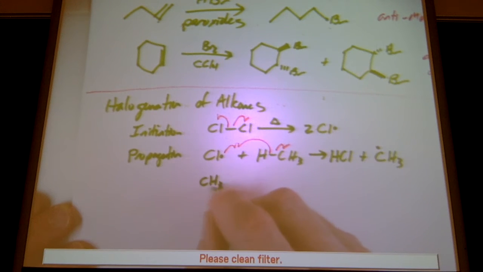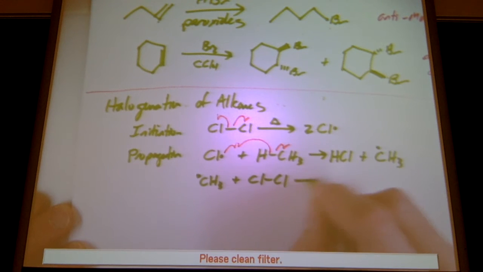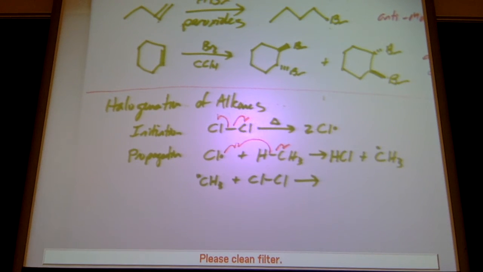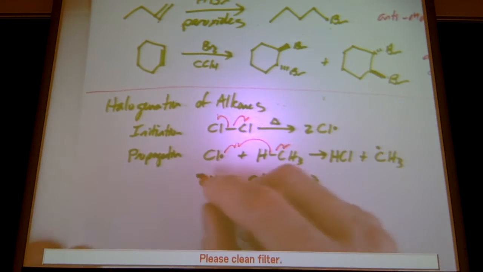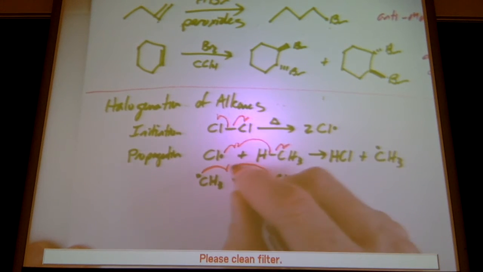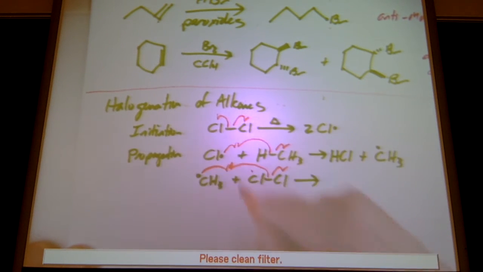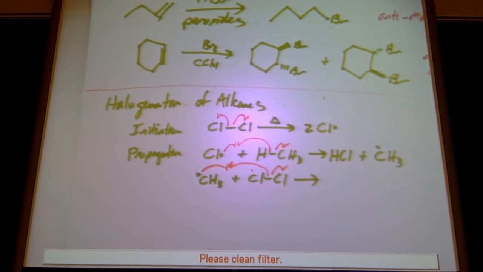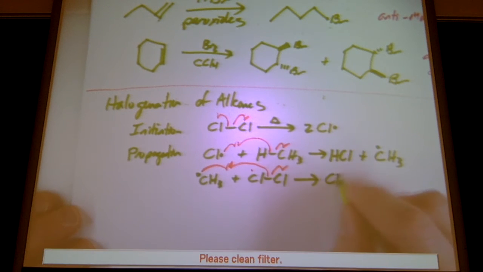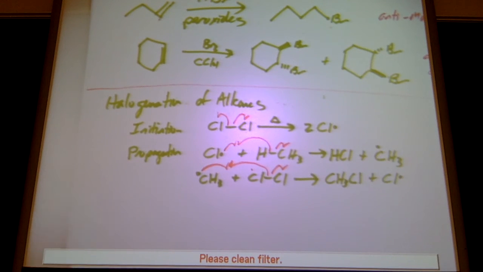The alkyl radical can then react with more chlorine to create your alkyl halide plus another chlorine radical.